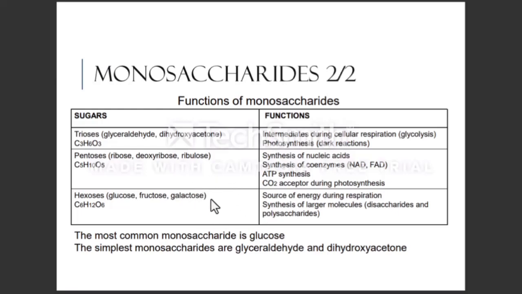So they are mainly used to produce energy and to synthesize larger molecules, disaccharides and polysaccharides. So the most common monosaccharide is glucose, as you must have noticed. And the simplest monosaccharides are glyceraldehyde and dihydroxyacetone.